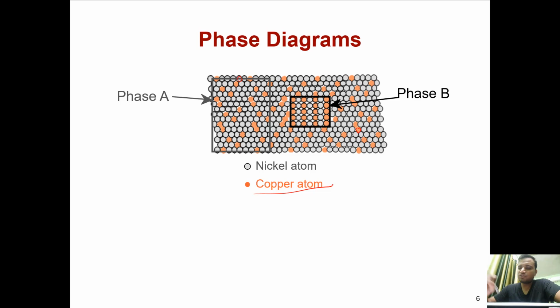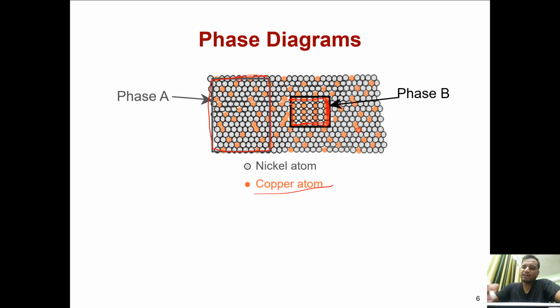That means the copper will try to form a solid solution over there, but it can happen that in some portion less amount of this copper atom is there, but here you can see that this copper atom is very high, because one layer is the copper, then the nickel, then the copper, then the nickel, then the copper. So in this region the copper percentage is more.